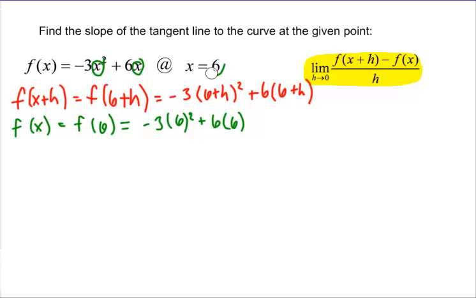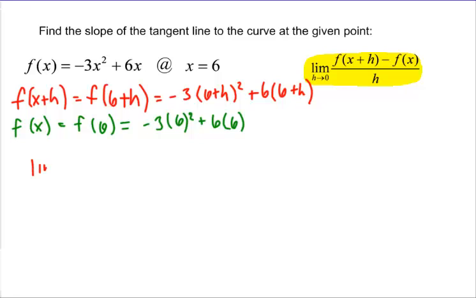Alright, so there's the setup, and then what we'll want to do is combine these two guys together into this limit formula and put it over h, look for ways it'll reduce, and then find that limit.